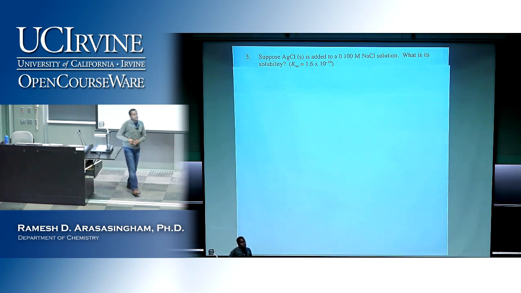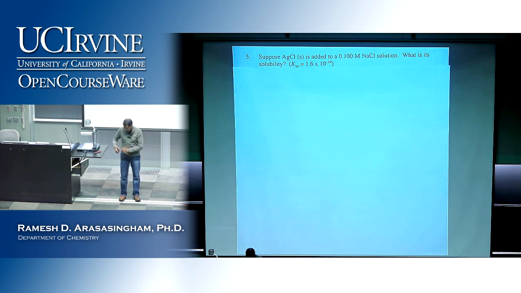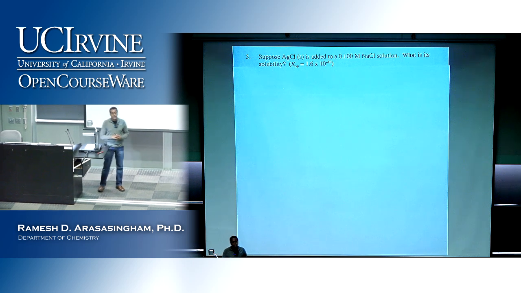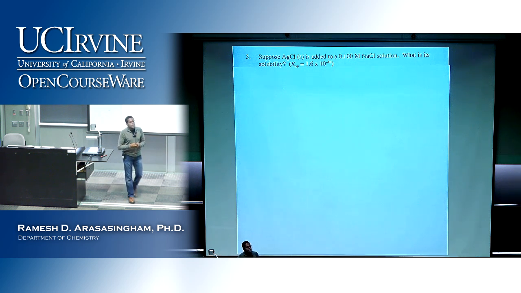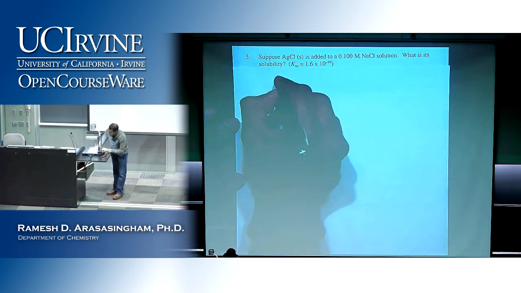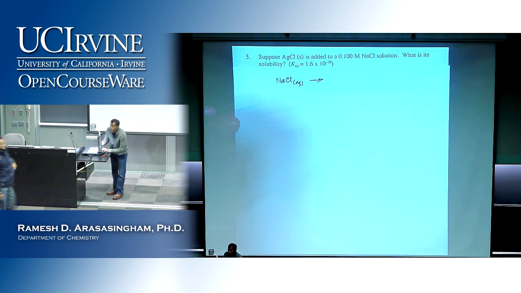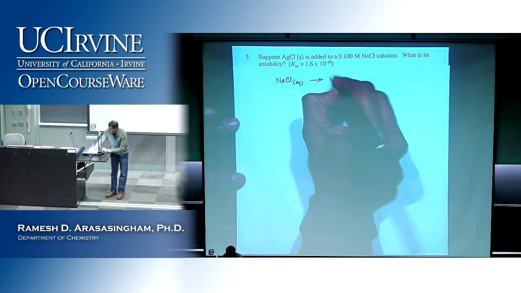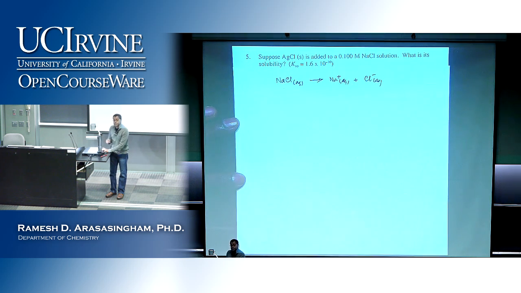If you know your acid-base chemistry, then this problem should be pretty straightforward. We have silver chloride, and we're adding sodium chloride in addition to that. Since we're adding sodium chloride, it is a common ion effect. Sodium chloride is a soluble salt, and the instant you dissolve it, it gives Na plus and Cl minus.